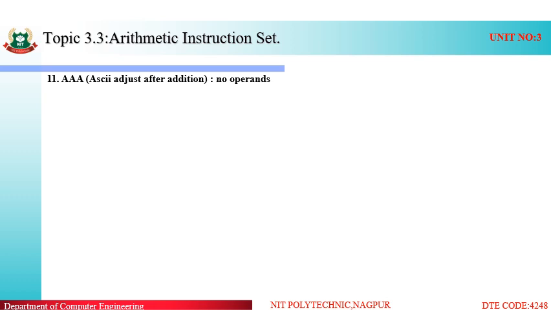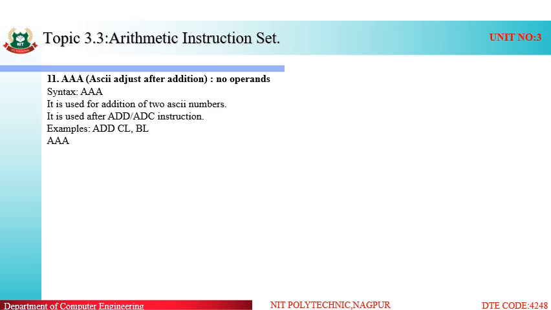The first instruction is ASCII adjust after addition. The syntax is AAA. It is used for addition of two ASCII numbers. This you have to remember every time: whenever we use the ASCII number system, the AAA instruction will always be used after the ADD or ADC instruction.